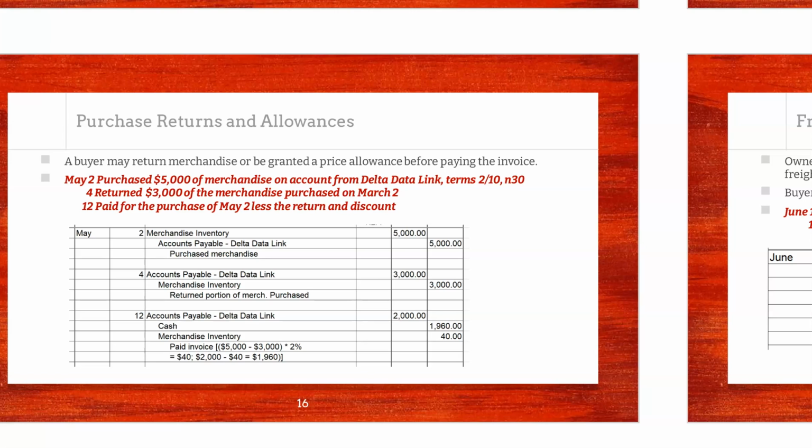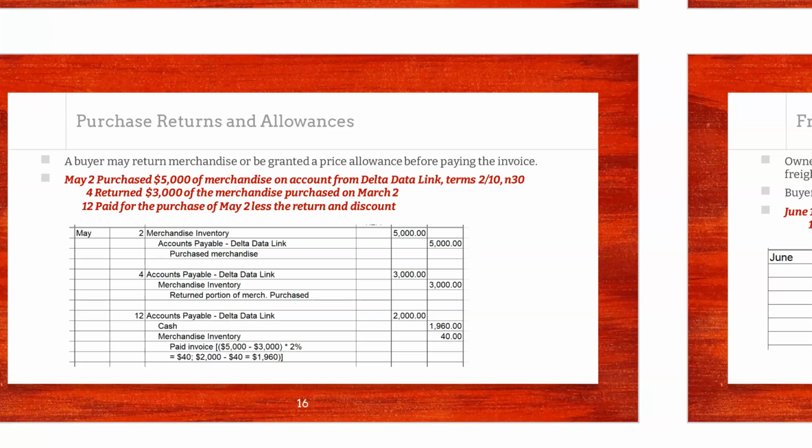Nothing different there. Now, on May 4th, $3,000 of merchandise was returned. Okay, so we know to reverse that entry and return some of the merchandise, we're going to debit accounts payable and credit merchandise inventory.